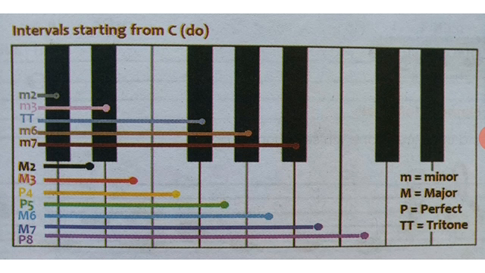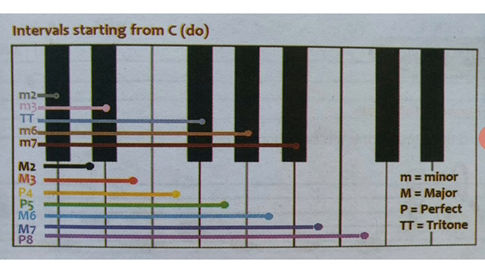Minor 6 has 4.5 steps, while minor 7 has 5.5 steps, and major 7 has 5.5 steps, and octave or P8 has 6 steps.